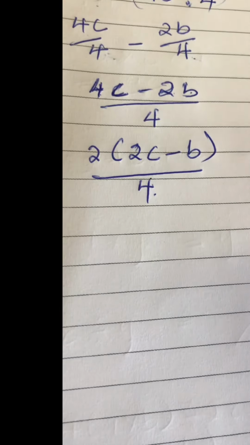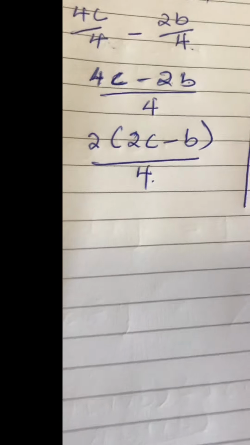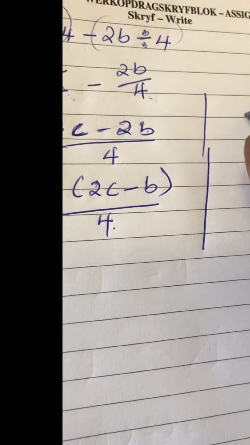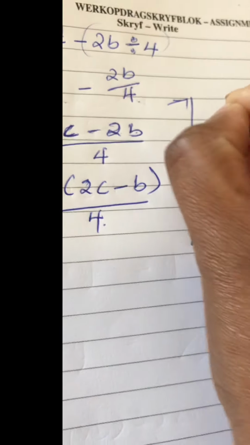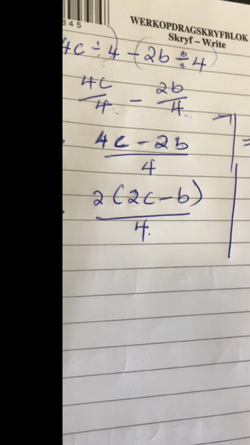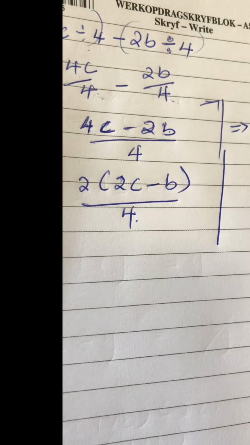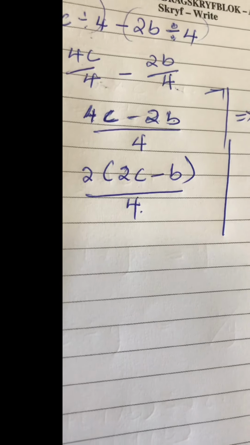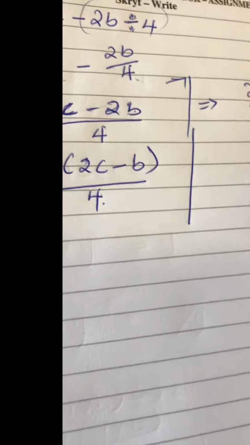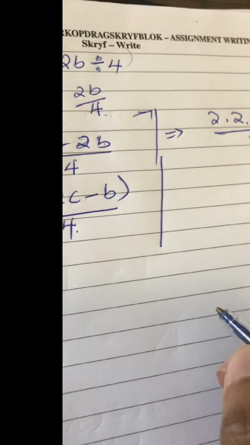Or let me write it like this so that you understand. Remember this step. You can write it like 2 times 2c minus 2 times b all over 2 times 2, right?